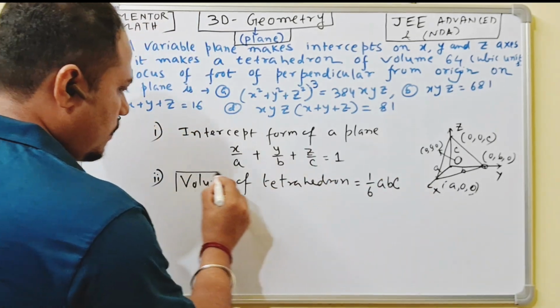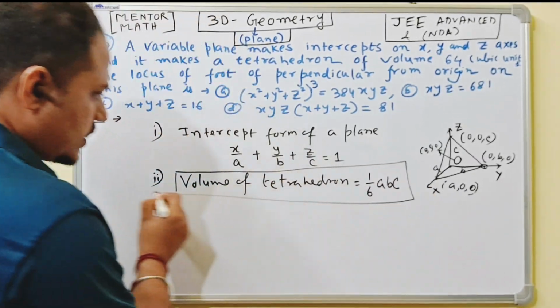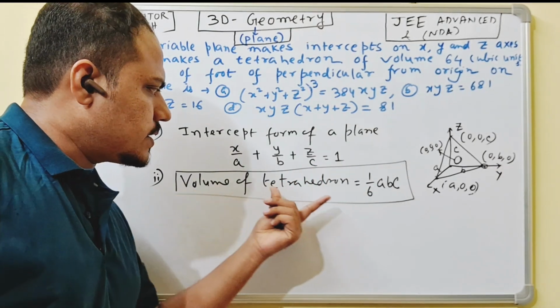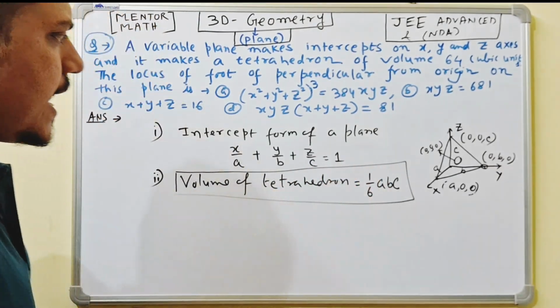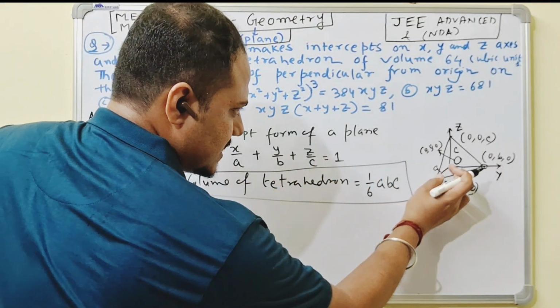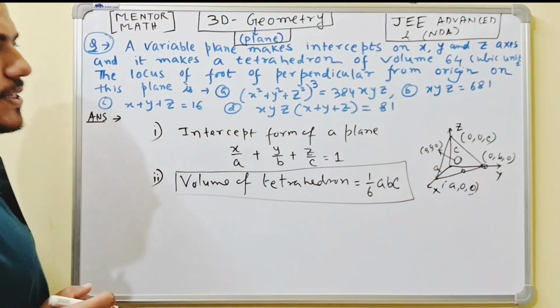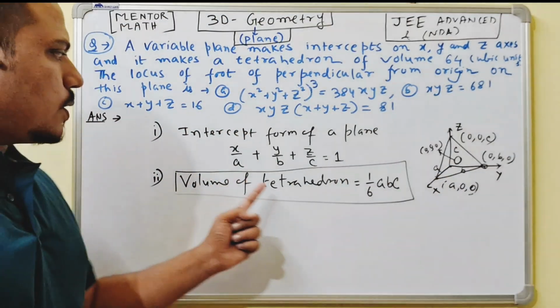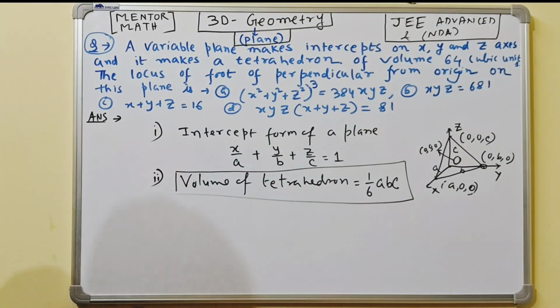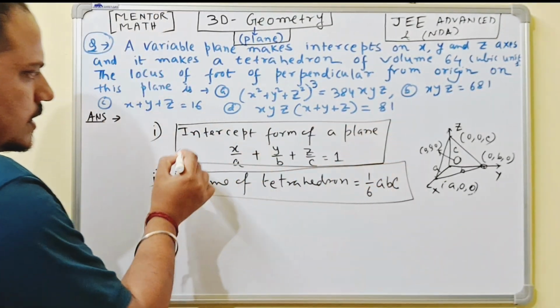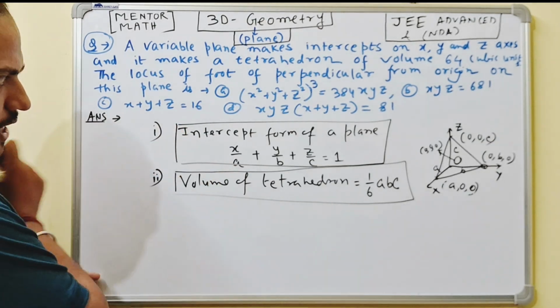Very important formula. Actually, this is your box product. You can use this formula here. Volume of tetrahedron is equal to 1 by 6 abc, where the x intercept is a, y intercept is b, z intercept is c. So volume of tetrahedron is 1 by 6 into abc. This is your second concept.